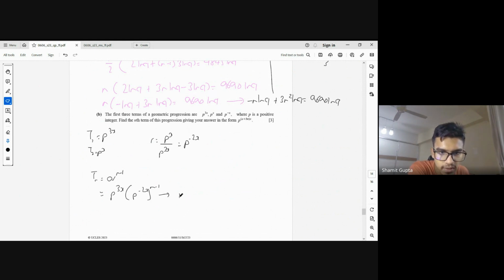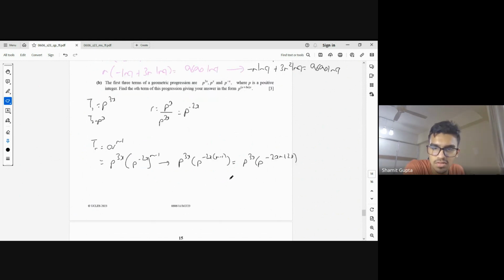So the power can multiply: p power 3x times p power negative 2x (n minus 1), which is equal to p power 3x times p power (negative 2xn plus 2x). Now we can add these two powers because they're multiplied, so this becomes p power.